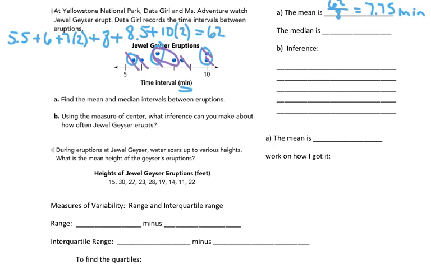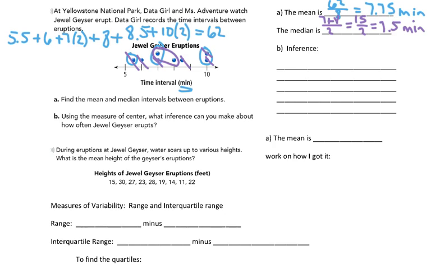Those numbers are 7 and 8. So we add 7 and 8 and then divide by 2. So that's 15 divided by 2. So that's 7.5. So the median time is 7.5 minutes.